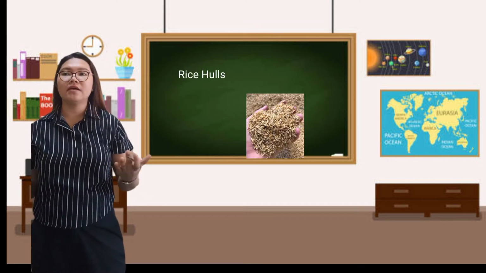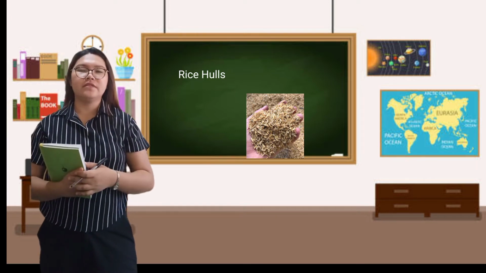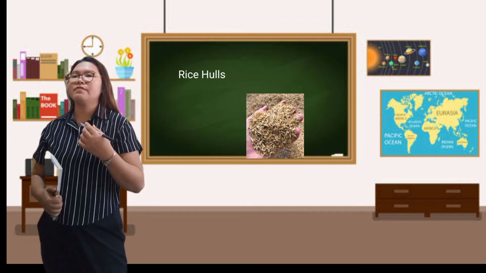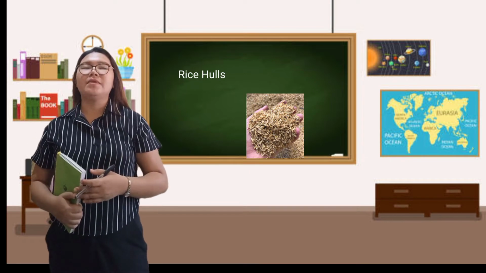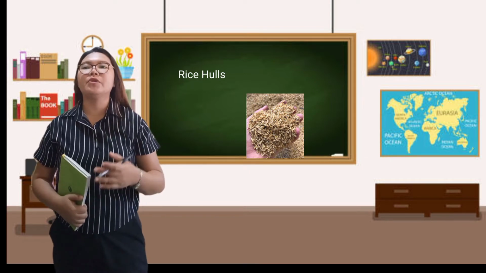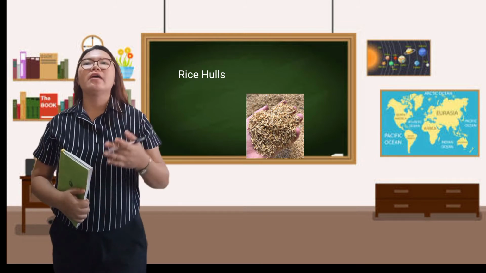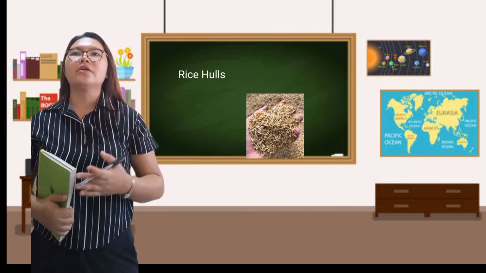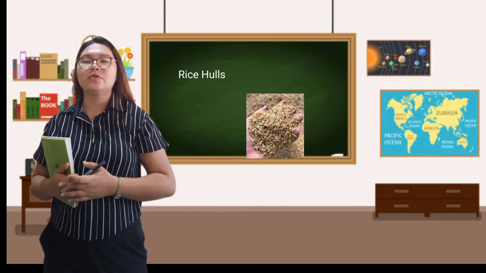Rice hulls are the hard protective coverings of rice grains and are used as building material or fertilizer for plants. They are produced during the milling of rice and commonly considered a waste product in many rice growing regions. Rice hulls are typically used in compost production. The advantage of using them is their availability in large quantities.